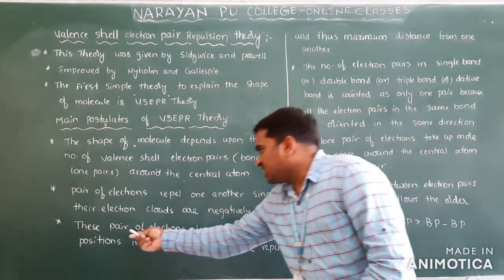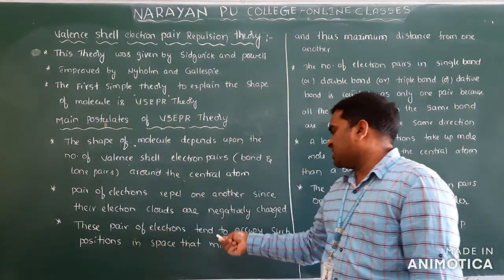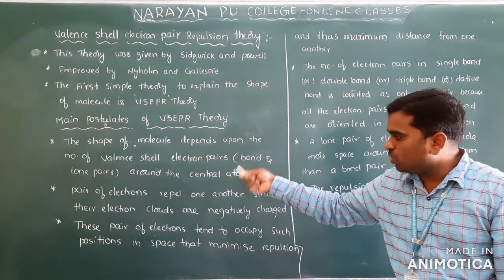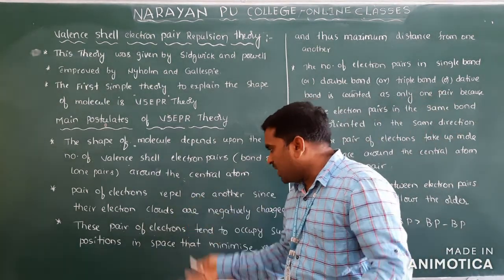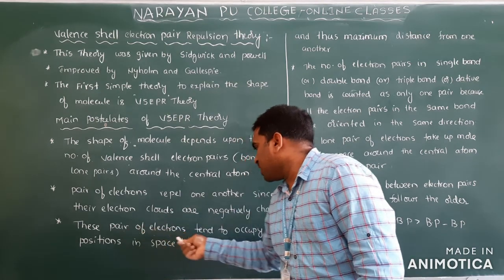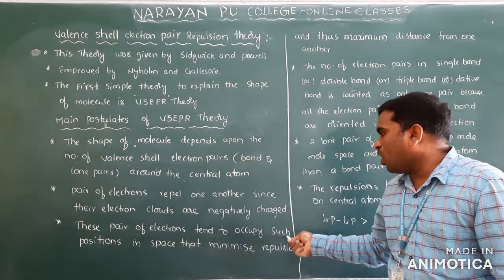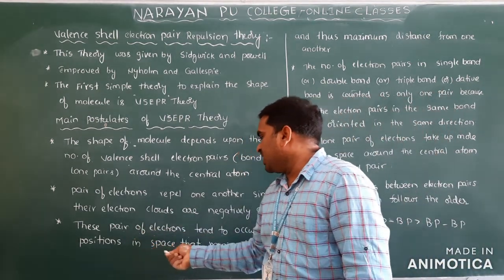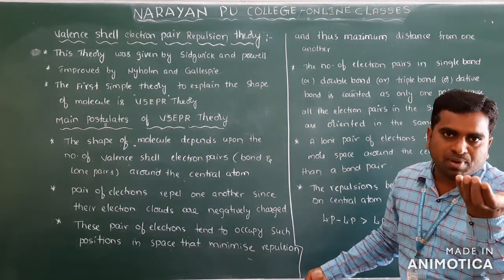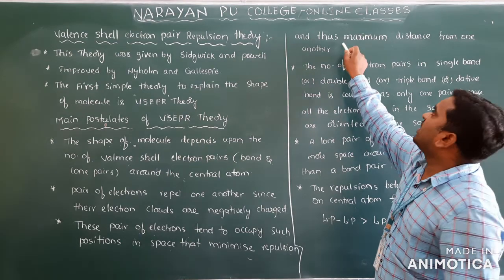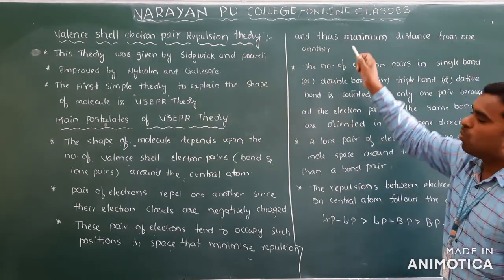Clear? Due to these repulsions, the molecule will have high energy. To minimize that energy, these pairs of electrons tend to occupy such positions in space that minimize the repulsions. Minimizing the repulsion means minimizing the energy, and thus maximum distance from one another.